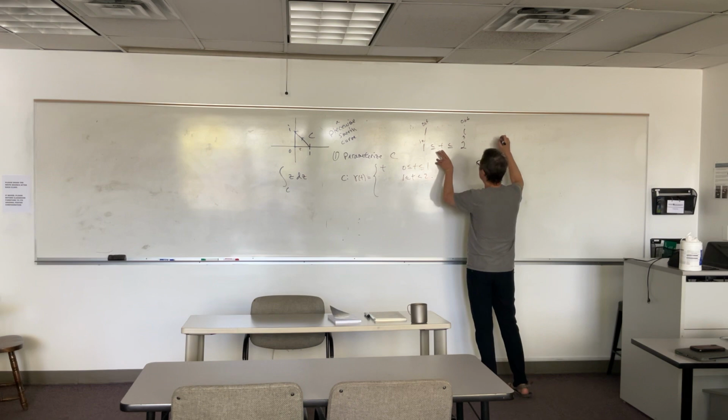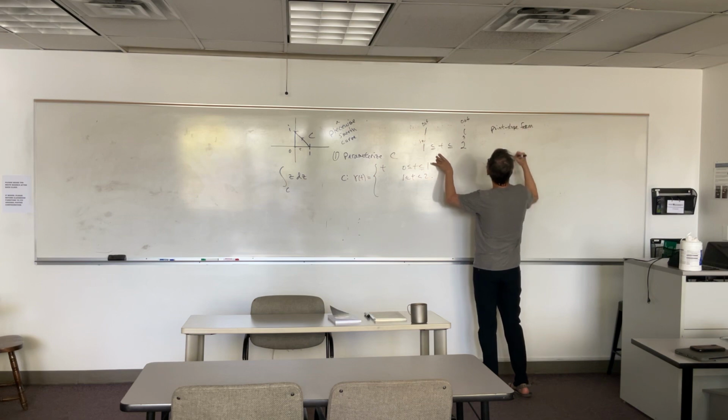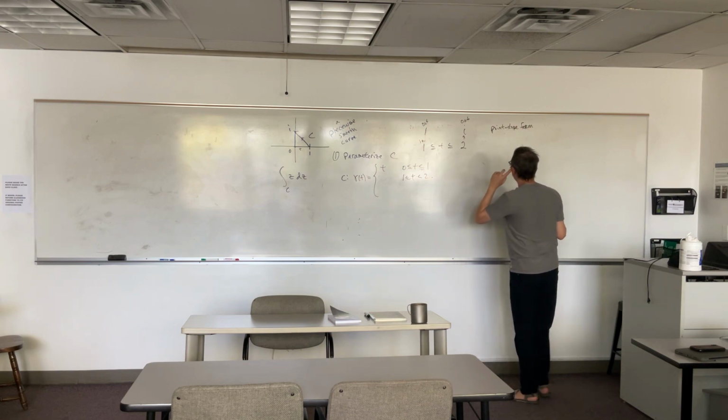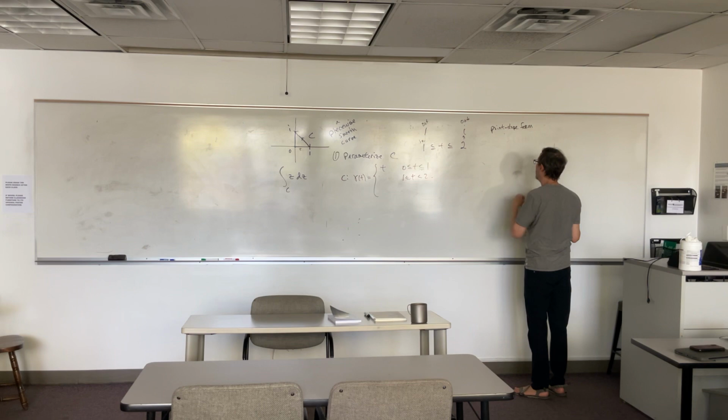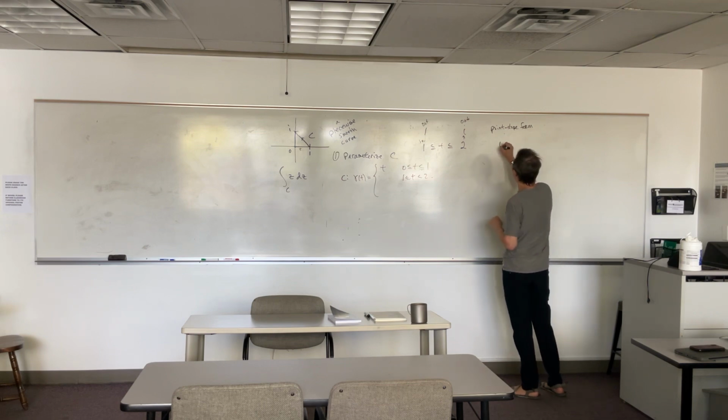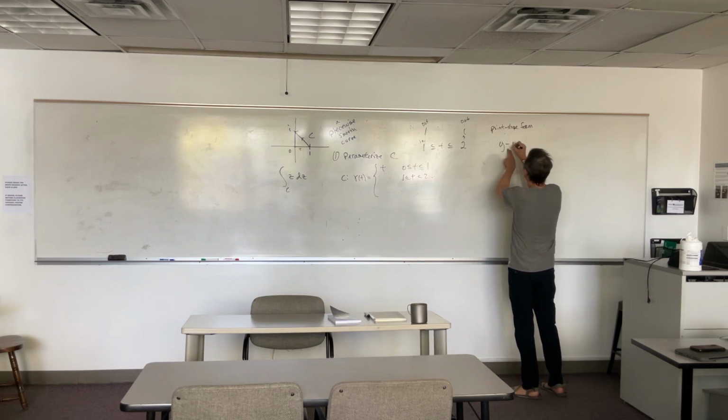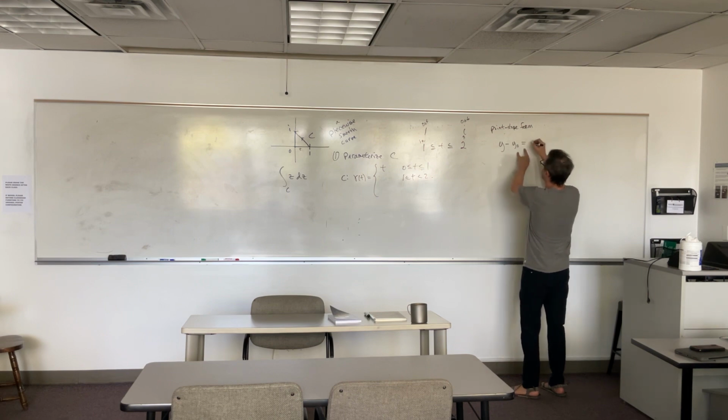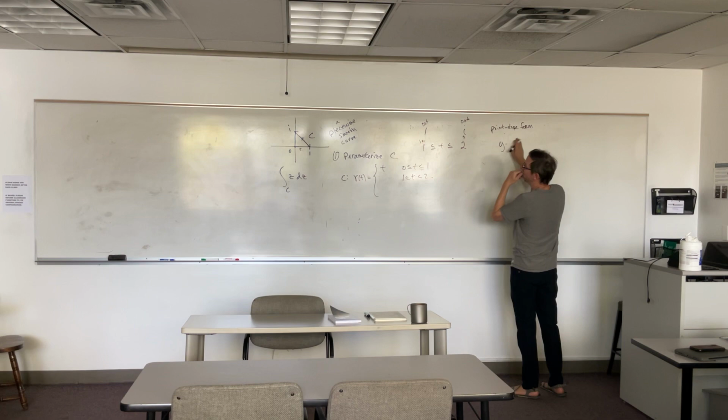Well, we could use point slope form for a line. Let's do that. So point slope form for a line is where we've got y minus the y coordinate equals, no, what am I doing?